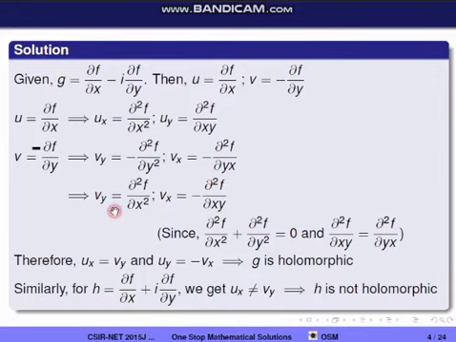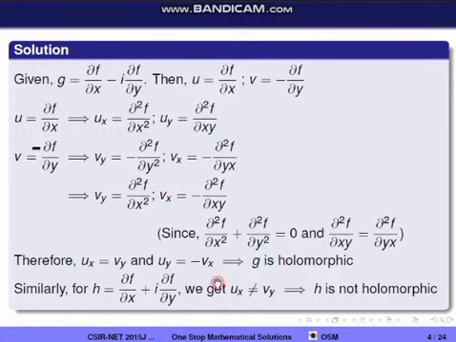From this we get ux = vy and uy = −vx. So the real and imaginary parts of g satisfy the Cauchy-Riemann equations, and ux, uy, vy, vx exist and are continuous. Therefore g is analytic, that is, g is holomorphic.